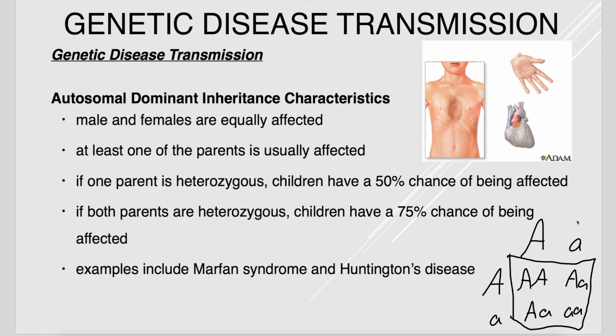If one parent is homozygous dominant, for example, if dad had 2 big A's here, all of the children would be affected, regardless of what mom was. Examples are Marfan syndrome and Huntington's disease, which we'll talk about in a little bit.